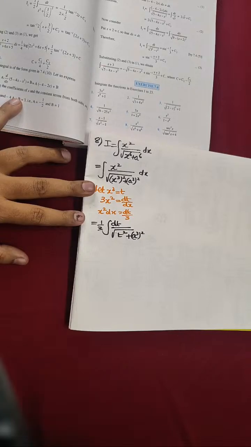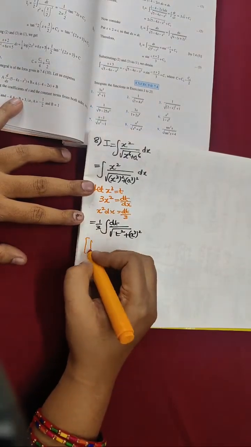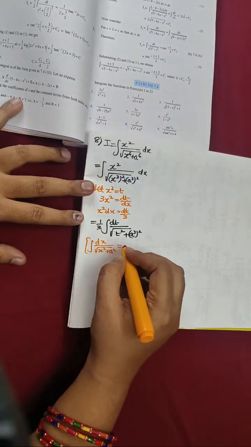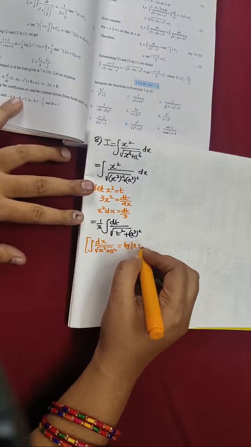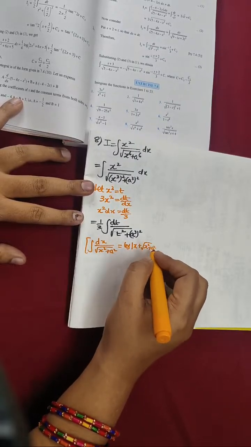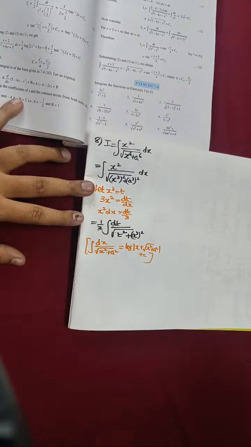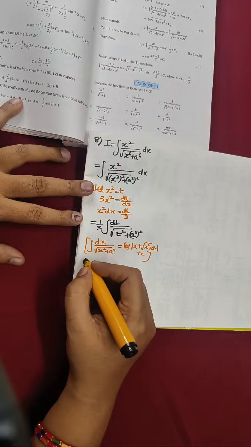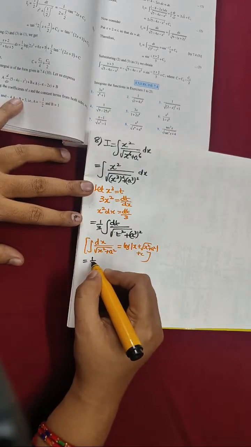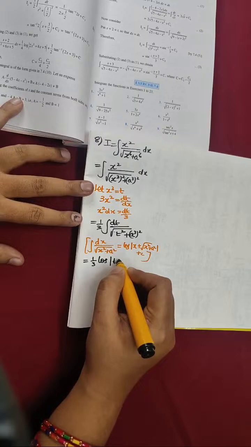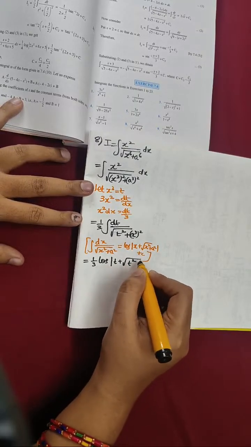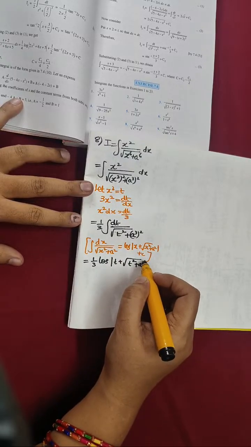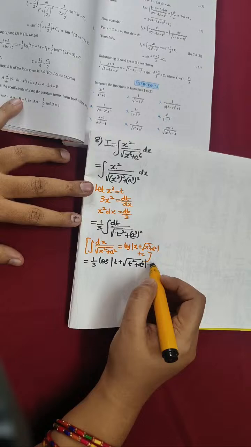Write the formula. That is integral dx by root of x square plus a square. Formula is log of x plus root of x square plus a square plus c. This is the formula. Now in place of x we have t. 1 by 3 as it is, log t plus root of t square plus, in place of a it is a cube, so square will be a power 6, plus c.